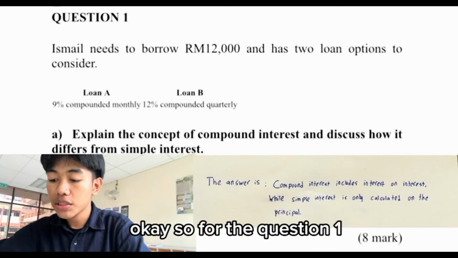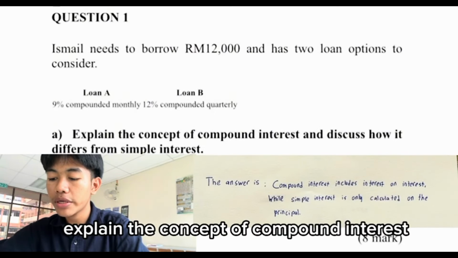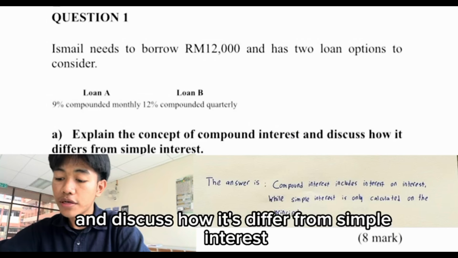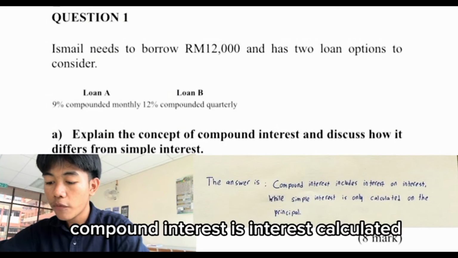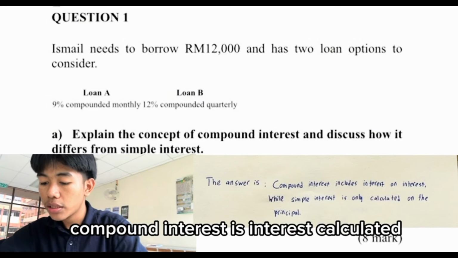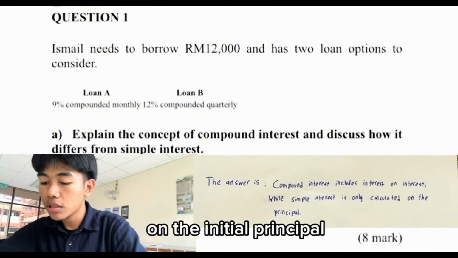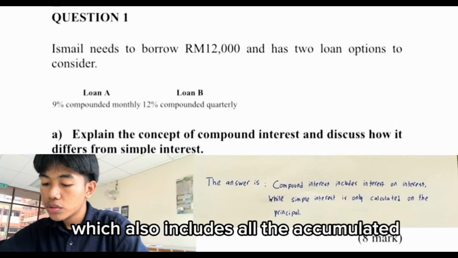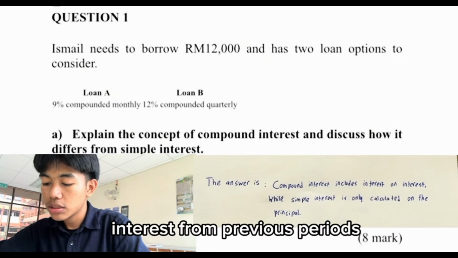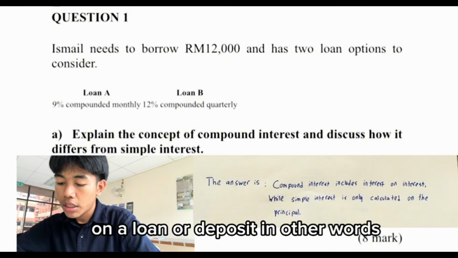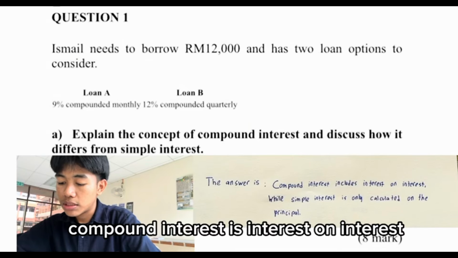Okay, so for question 1, explain the concept of compound interest and discuss how it's different from simple interest. Compound interest is interest calculated on the initial principal, which also includes all the accumulated interest from previous periods on a loan or deposit. In other words, compound interest is interest on interest.